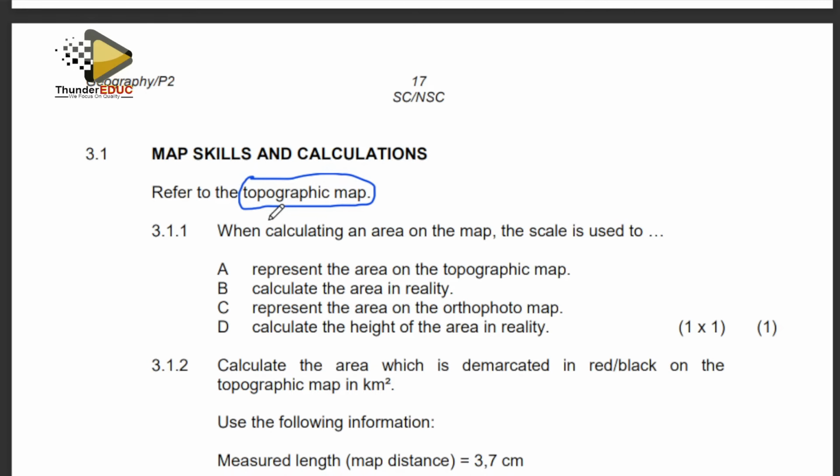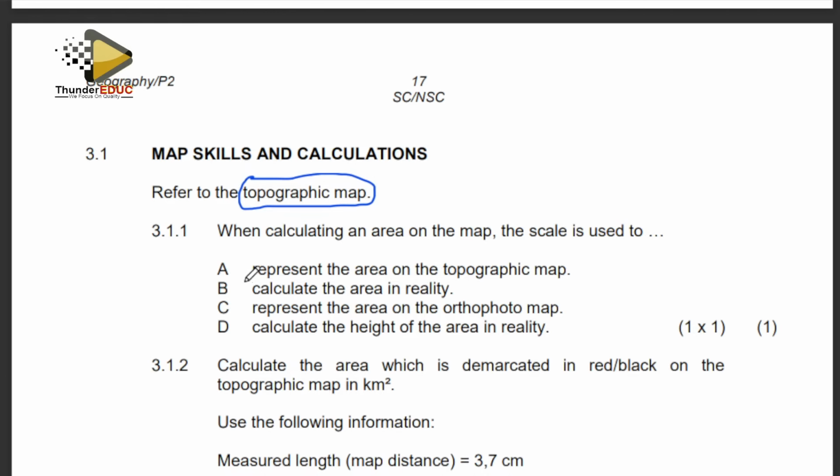But remember, the question says we are using the topographic map. So in this sense, we have to first of all eliminate what is not needed. So basically, C is out because it is talking about the orthophoto map. So when calculating an area on the map, the scale is used to represent the area on the topographic map, calculate the area in reality.